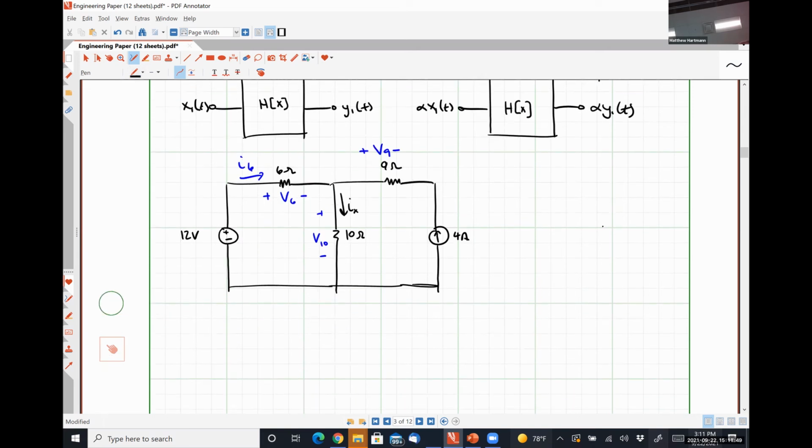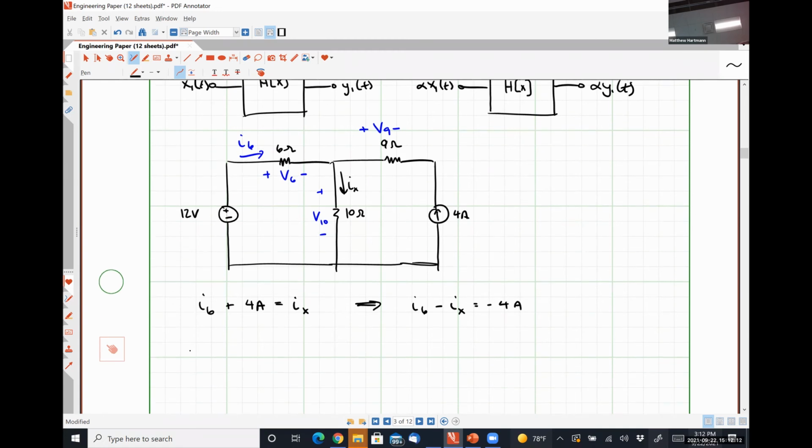Kirchhoff's current law tells me that I6 plus 4 amps is equal to Ix, which I can rearrange and say I6 minus Ix is equal to negative 4 amps.